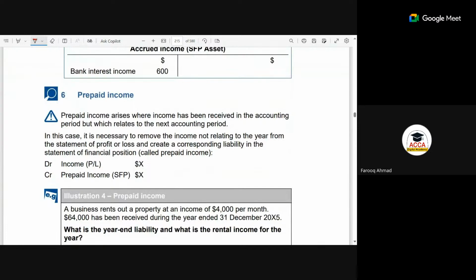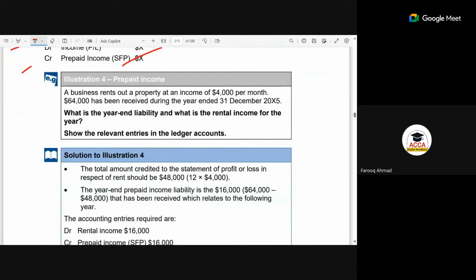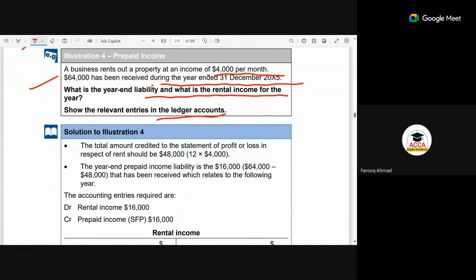Prepaid income arises when income has been received in the accounting period but relates to the next accounting period. Income in the P&L is reduced and prepaid income is credited. In this example, a property is rented out at 4,000 per month, and 64,000 has been received during the year. What is the year-end liability and what is the real income for the year?